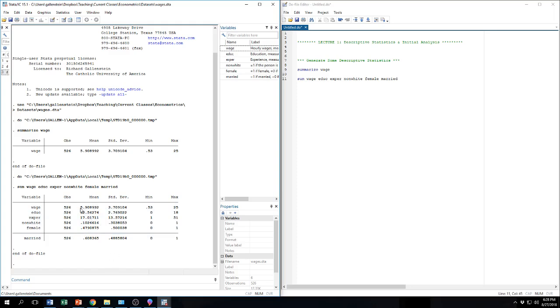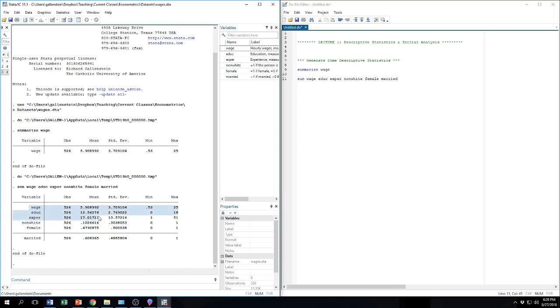The average wage is 5.9. The average education level is 12.6, so these individuals have had a little bit more than high school on average. The experience level is on average 17 years.